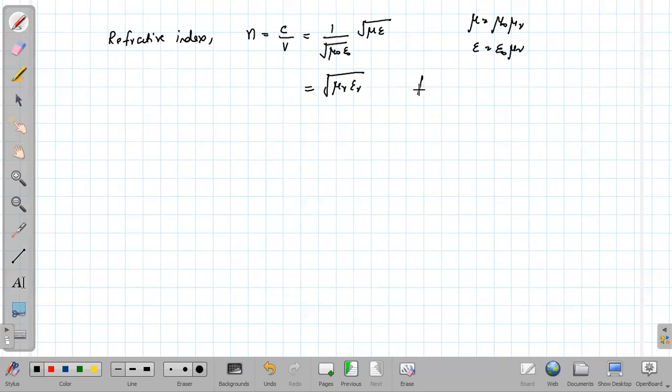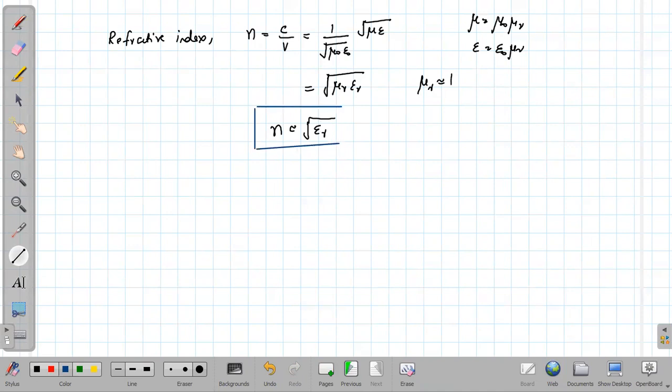For most materials, mu r is approximately 1. Therefore the refractive index can be approximated as the square root of epsilon r. So for most materials, the refractive index is simply the square root of epsilon r, and epsilon r is always greater than 1.